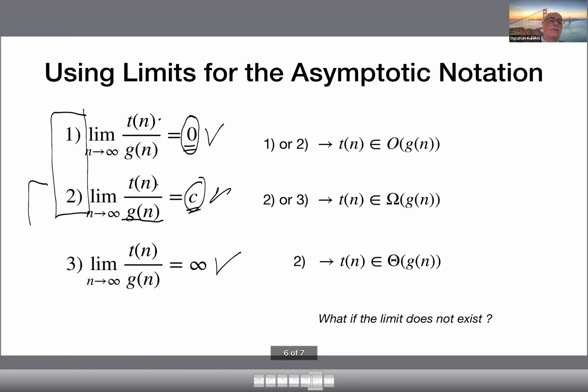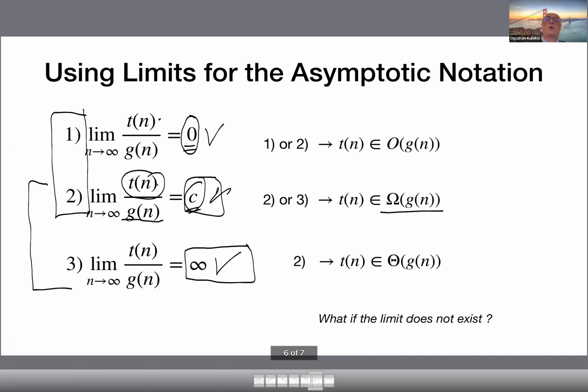On the other hand, if the limit of T(n) over G(n) is a constant or it goes to infinity, then T(n) is lower bounded by the G(n) function.